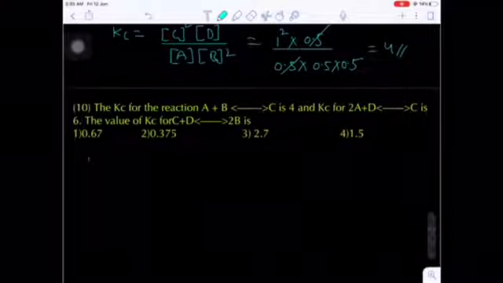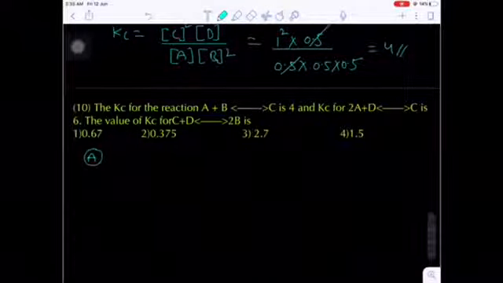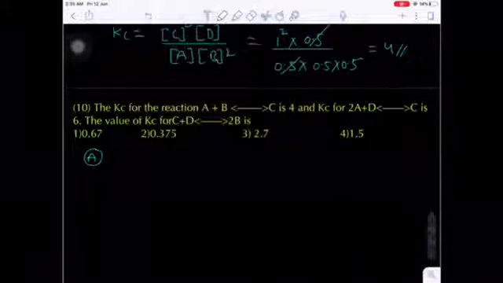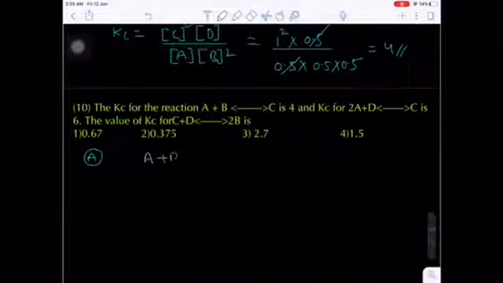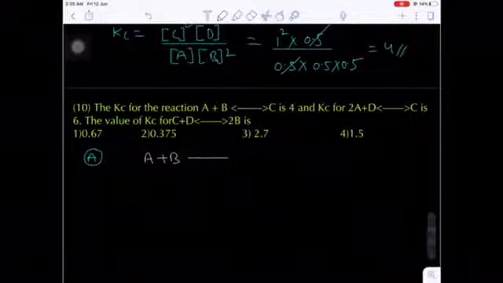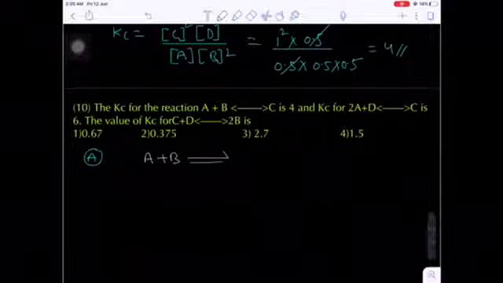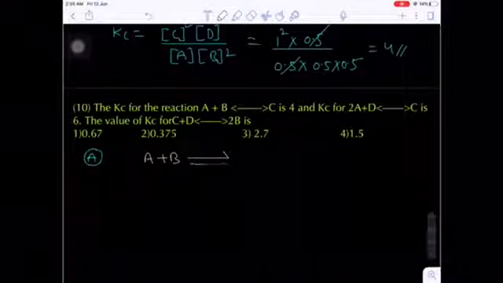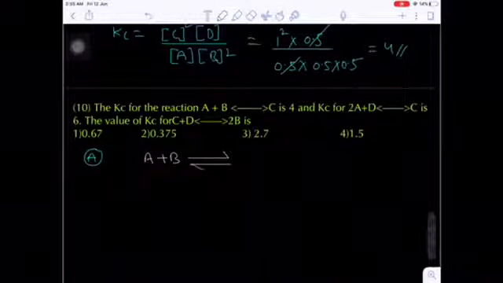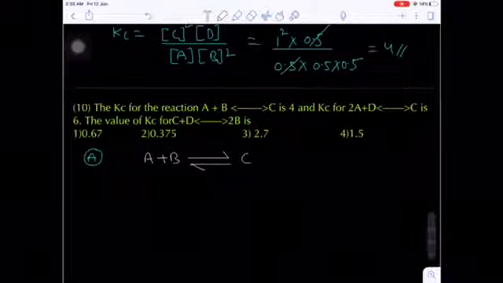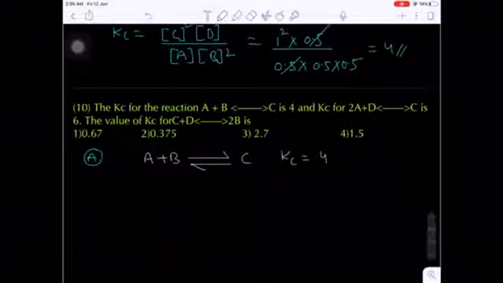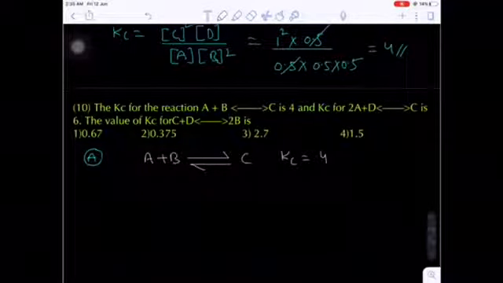The Kc for the reaction A plus B. So there are two reactions given to you. The first reaction is A plus B equilibrium C. What is the Kc value given to you? 4.